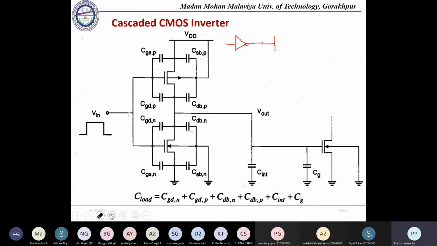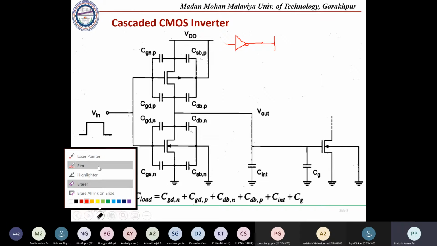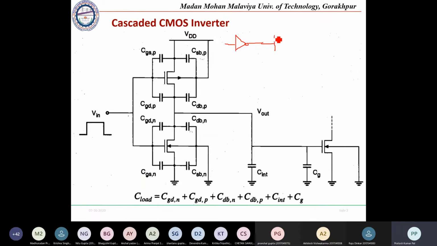So one inverter is connected and, in cascade with this, another inverter is connected. So how can we analyze this?